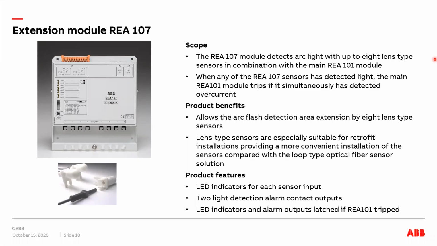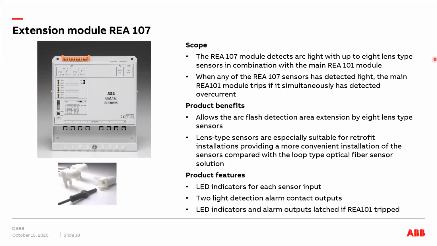If it happens that the extension model has detected light, how do you get to know about it, although it has not definitely caused a trip because no overcurrent has been simultaneously detected by the REA101 unit. But it's good to connect these alarm outputs to, for example, some relay binary input, and so get an alarm from there.